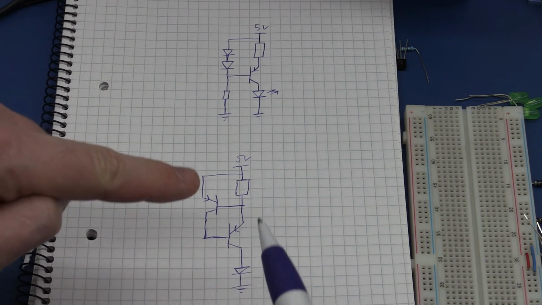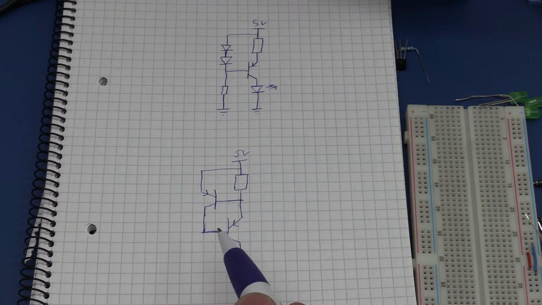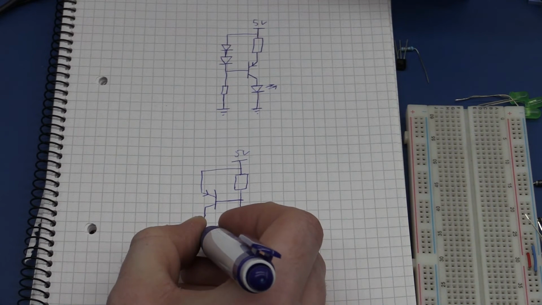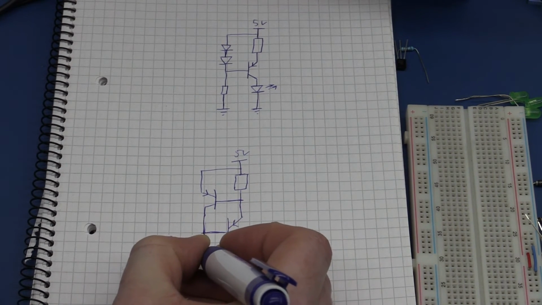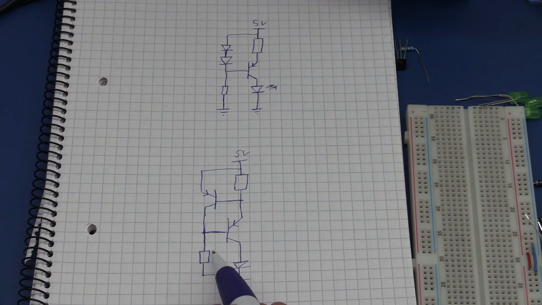So it's kind of self-balancing. The thing that then lets it work is a small, or I should say a large resistance to ground, resulting in a small current to ground.